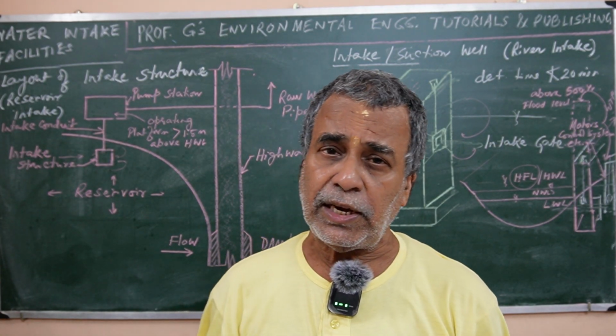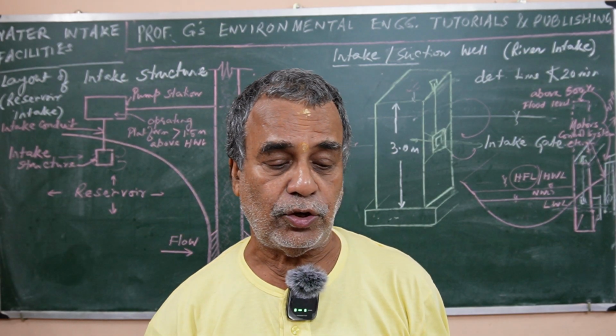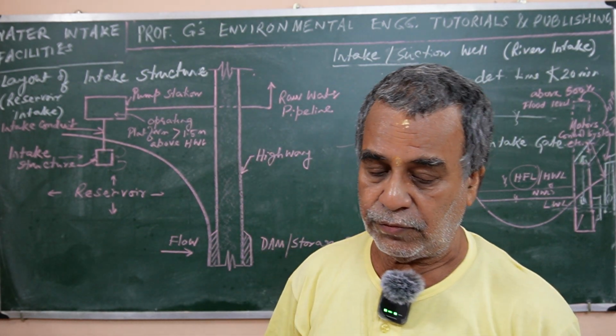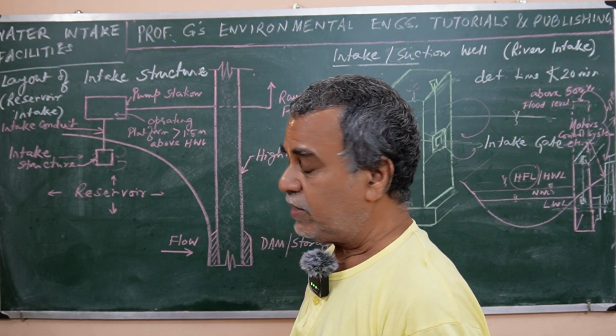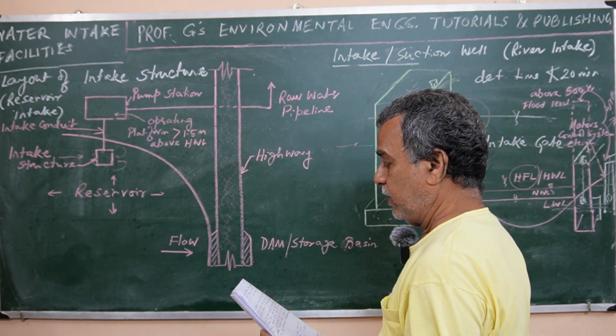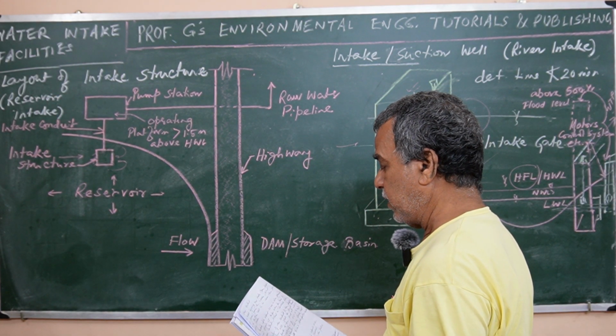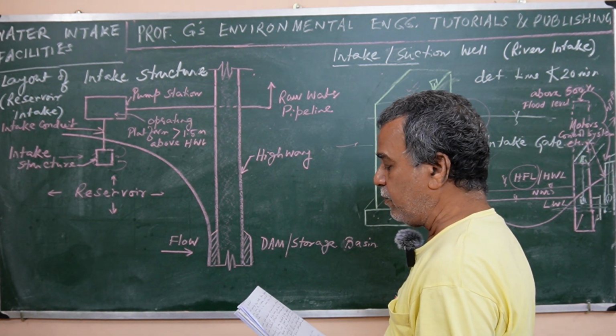So the intake conduit, I repeat, carries the raw water from the surface water source. From the intake, this will lead to the suction or intake well in or near the low lift pumping station.